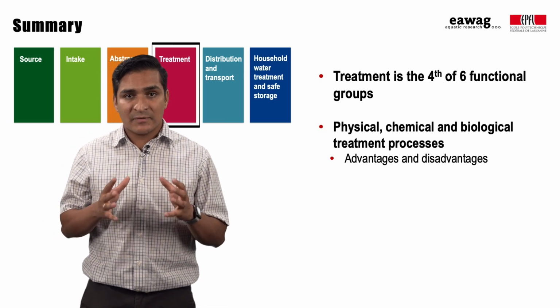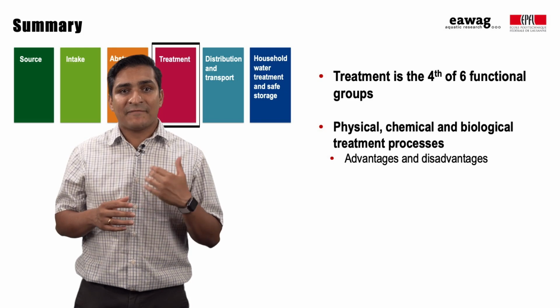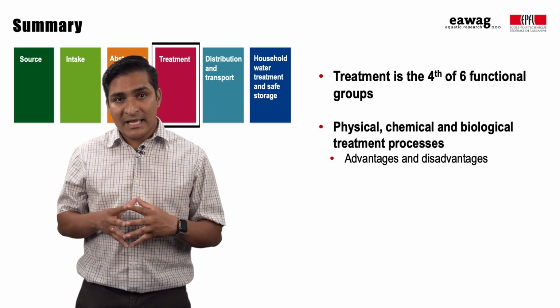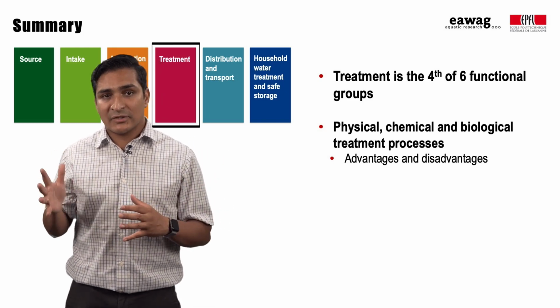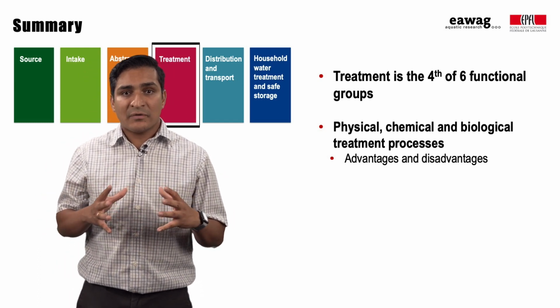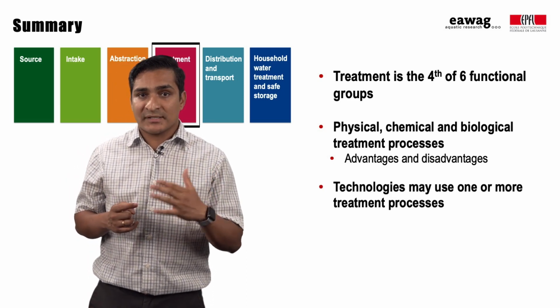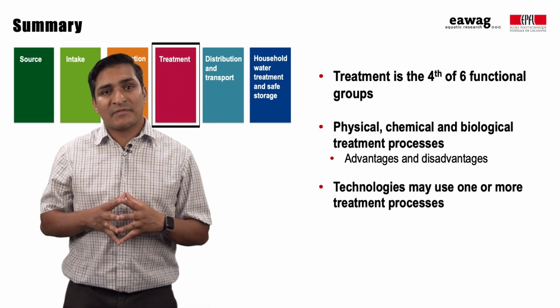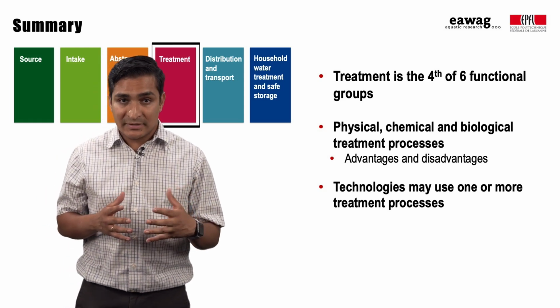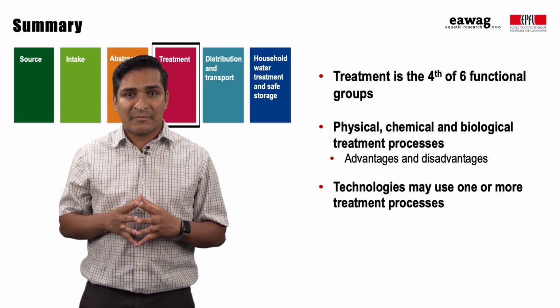For example, residual disinfection to protect against recontamination is an advantage of chemical treatment and a challenge for physical and biological treatment. Finally, this module gave an overview of various treatment technology options that make use of each process, including some of the technologies like the Sono filter that harness multiple processes for more effective contaminant removal.